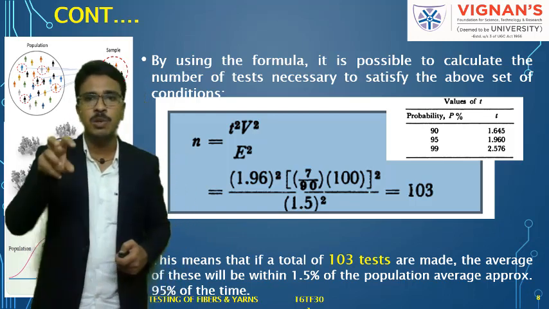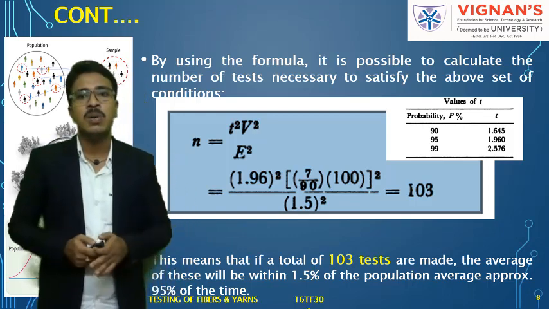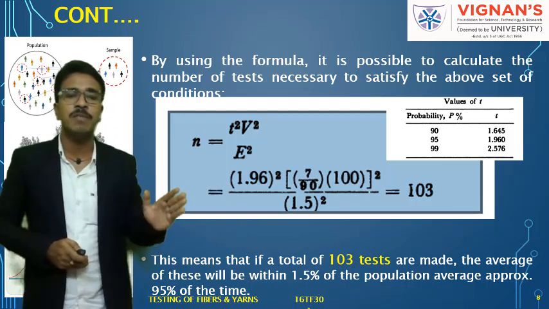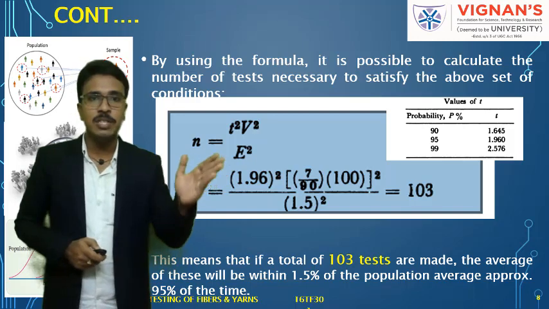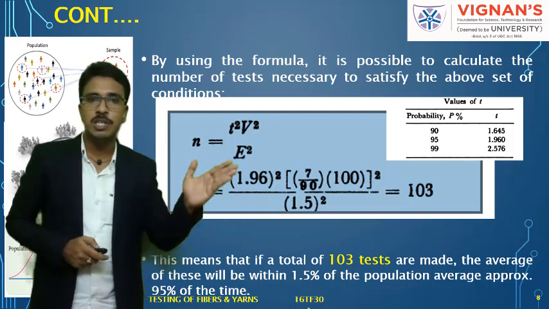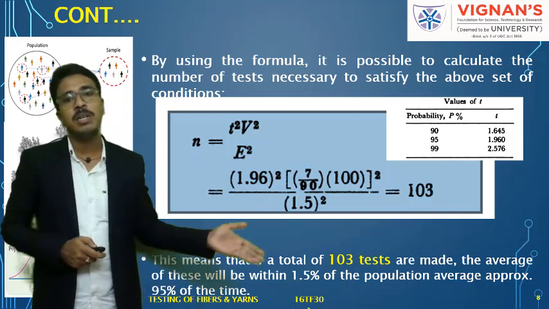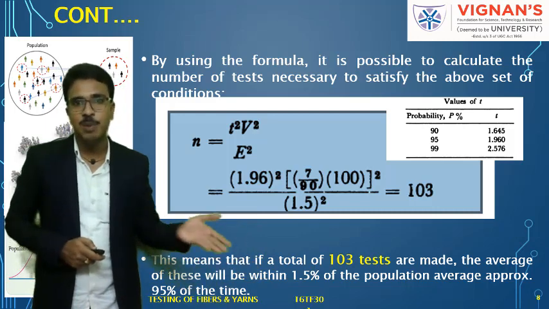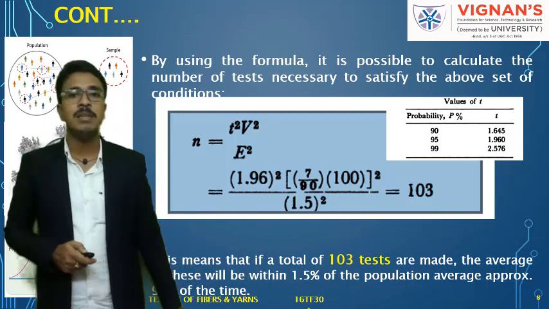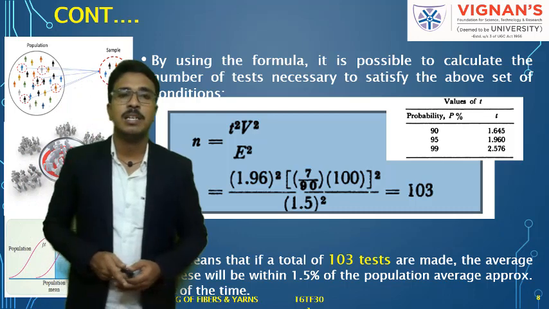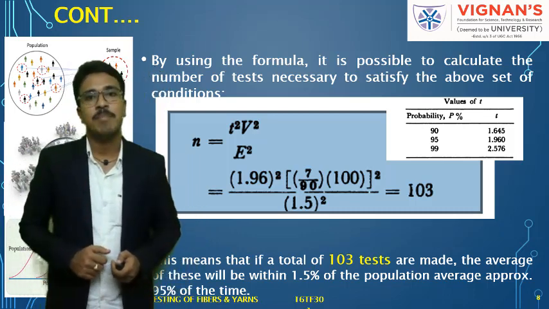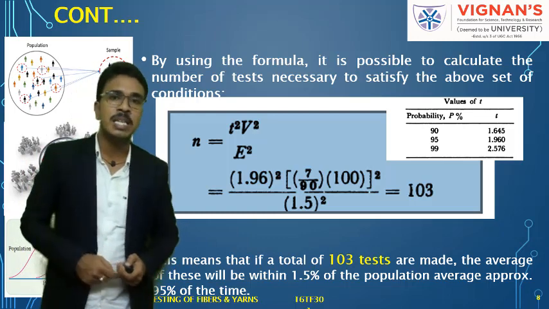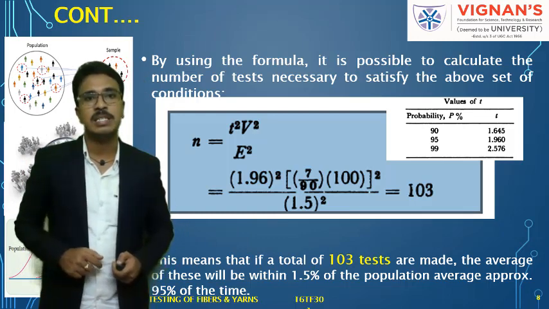Understand? If you do this many tests, then only will it meet the conditions of your average 90 with a standard deviation of 7, at your error of 1.5 at 95% probability. So this is how we calculate the sample size, how we determine the sample size for testing.